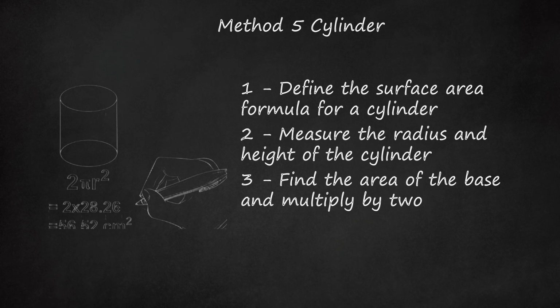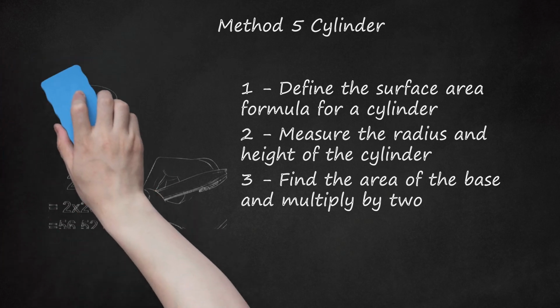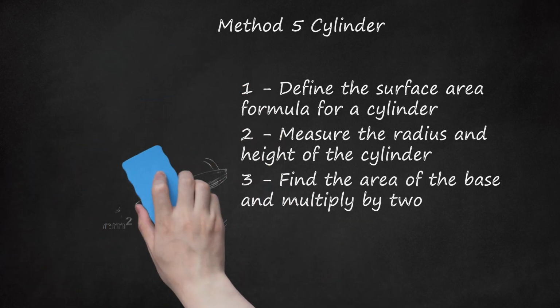Example: area of base equals pi * r² is equal to 3.14 times 3 times 3 equals 28.26 square centimeters. Example: 2 pi * r² is equal to 2 times 28.26 equals 56.52 square centimeters.